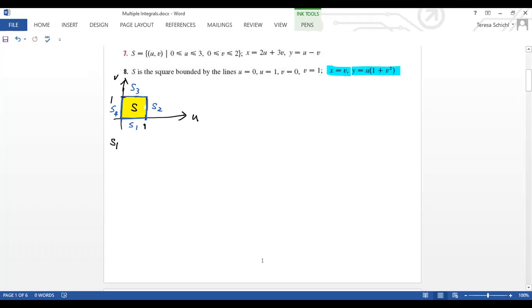Let's start with the boundary S1. For S1, I know v is equal to 0.